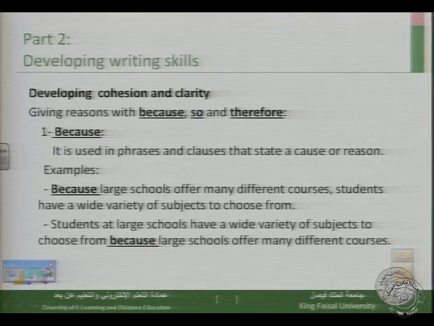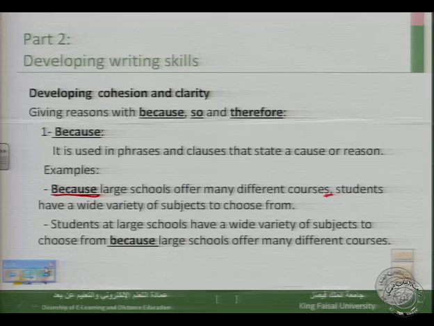We started our sentence with because, so because came at the beginning of the sentence, and then at the end of the first part of the sentence we have a comma. We should use a comma at the end of the first part of the sentence. The second example is: Students at large schools have a wide variety of subjects to choose from because large schools offer many different courses.